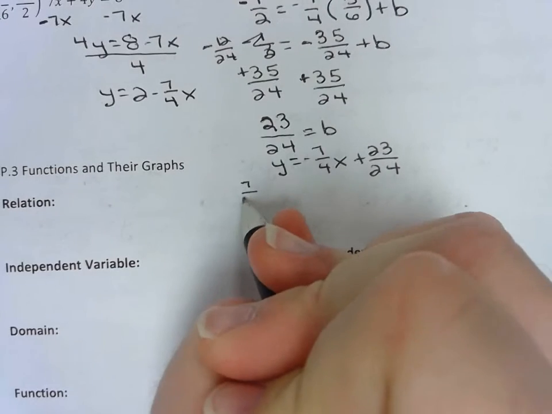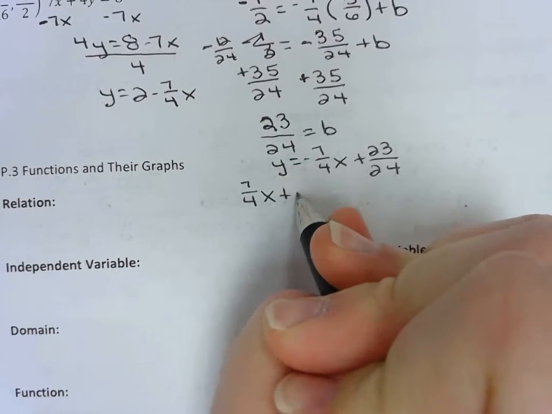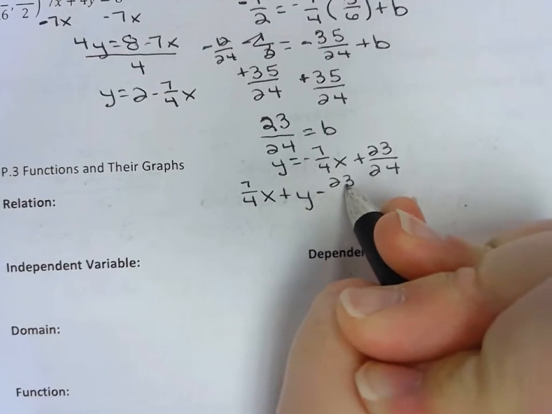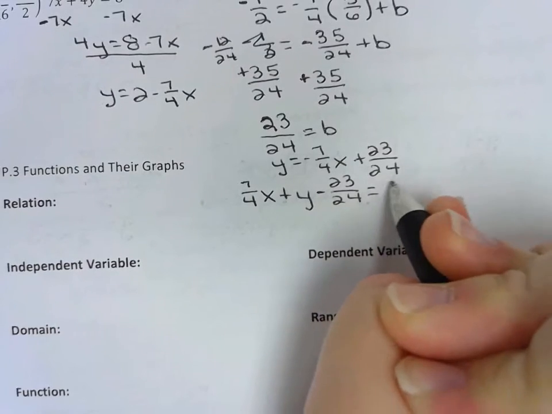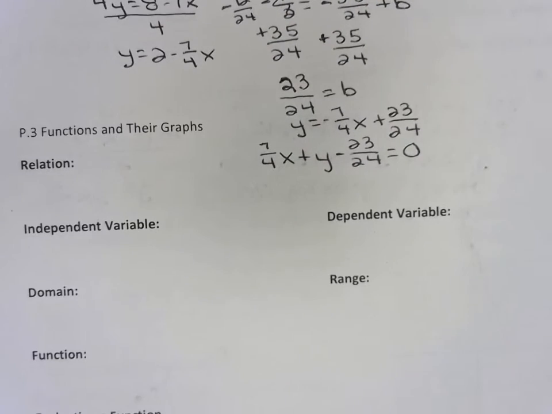So positive 7/4 x plus y minus 23 over 24 equals 0. Now just be careful, in general form, A, B, and C have to be real numbers. So your numbers out front, your coefficients A, B, and C, can't be fractions. So if you end up with fractions, we have to get rid of them.